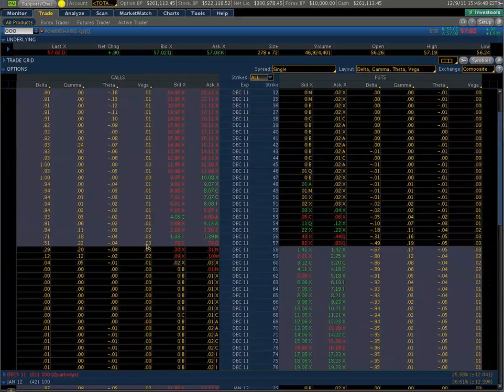The second thing that affects the value of an option to a much greater degree is something called vega, and that's the volatility of that particular option. Now, the volatility, the vega, is listed here along with the other Greeks, as they're called, in the option market.